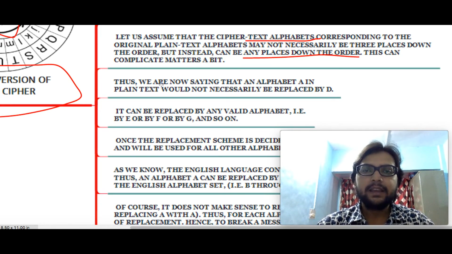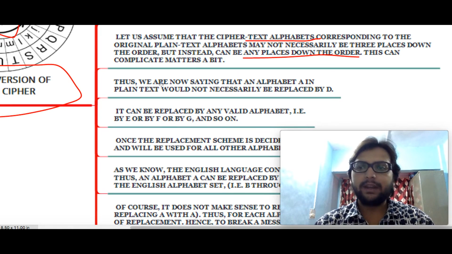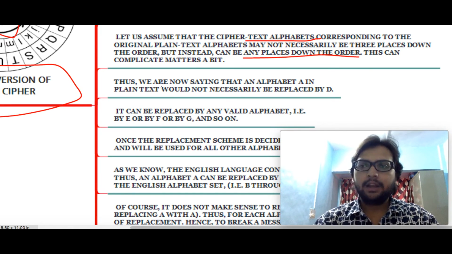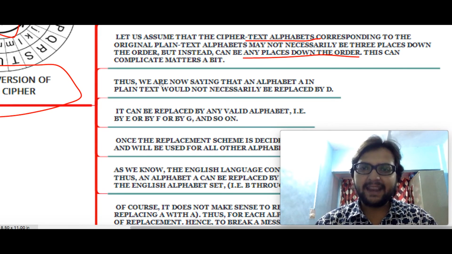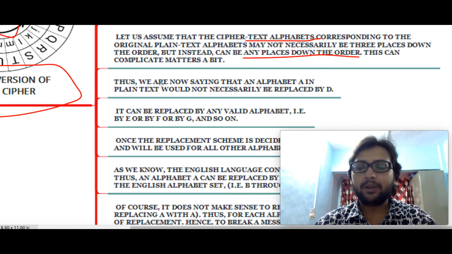Why? Because he just needs to make 25 attempts. As we know, we have 26 alphabets in total. If I am replacing A with another alphabet, remember I am not going to replace A with A only, because that's useless. It is like doing nothing for encryption.